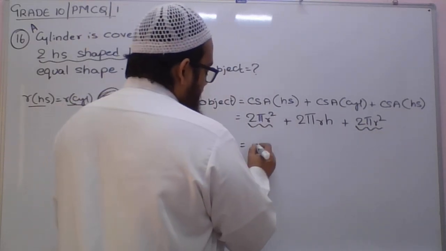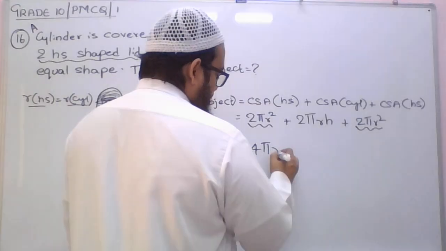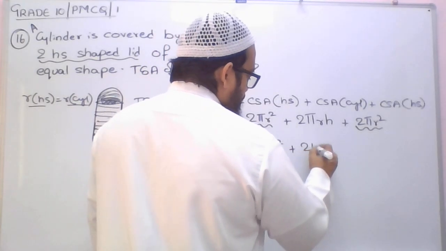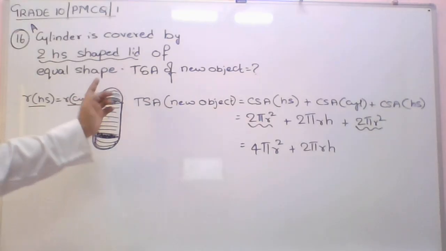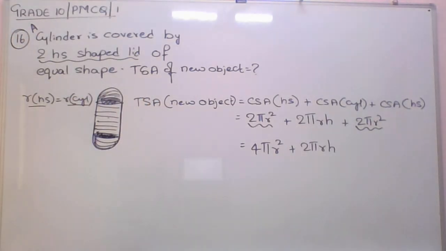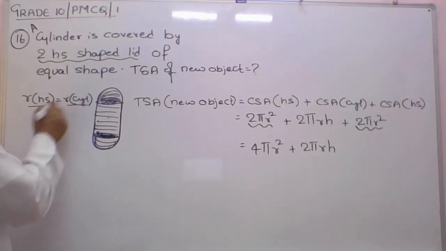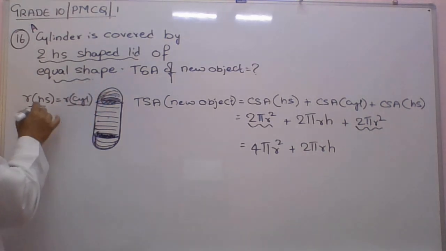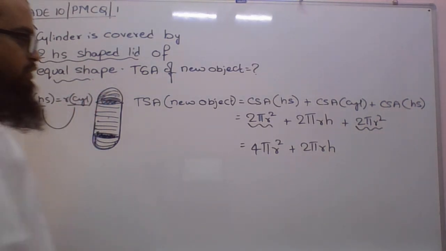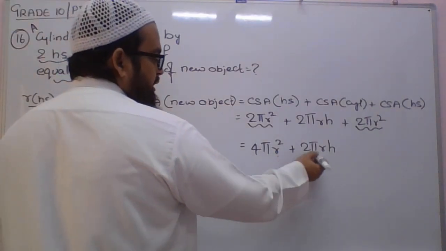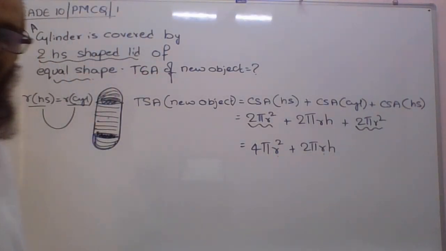Yes, I can add. So 4 pi r square plus 2 pi r h. So here neither radius nor height is given, but what is given? They are of equal shape. That means the radius of both hemisphere and cylinder are equal. So here the r over here and the r in this formula are equal.